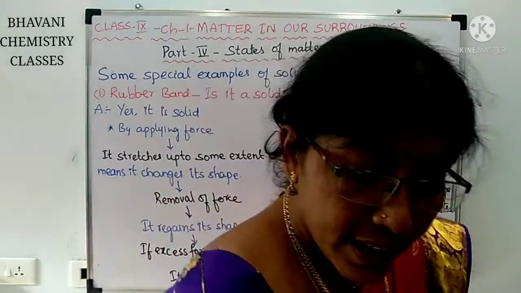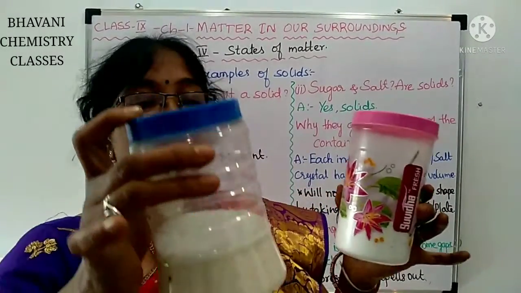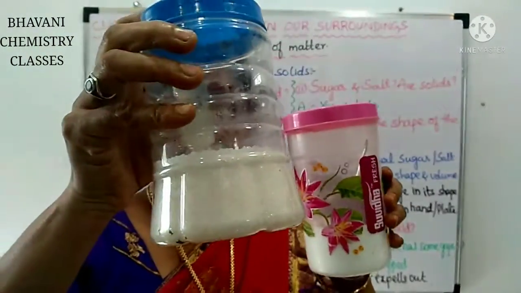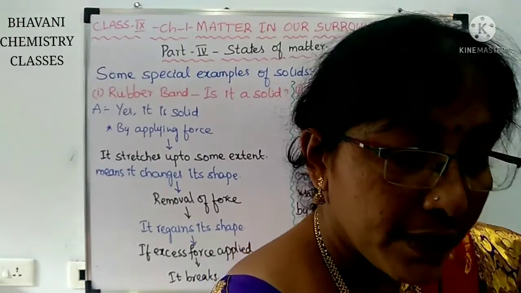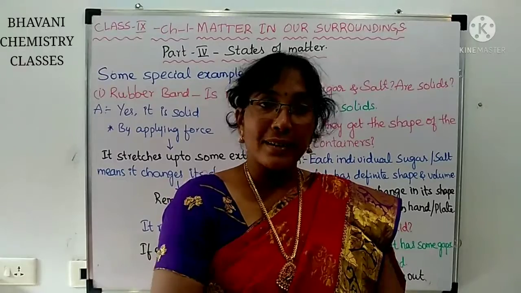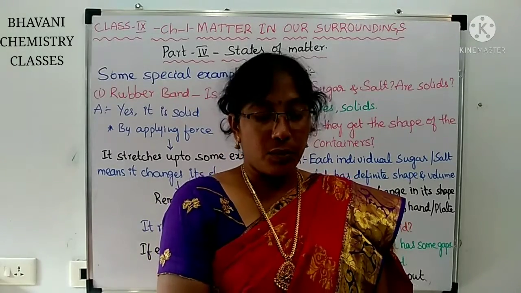But what doubt are we getting? That is, these are getting the shape of the container. As they are getting the shape of the container, you may get the doubt whether sugar or salt are solids or not. No doubt. We can consider them as solids only.